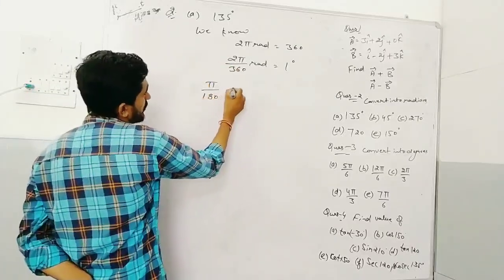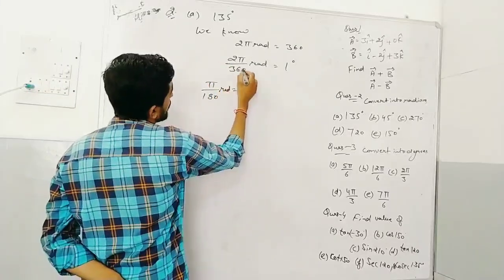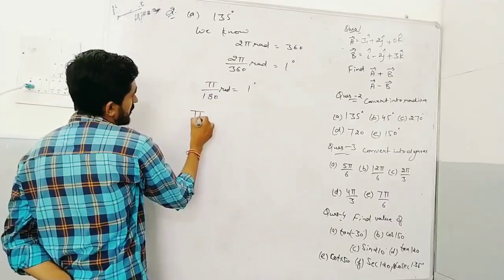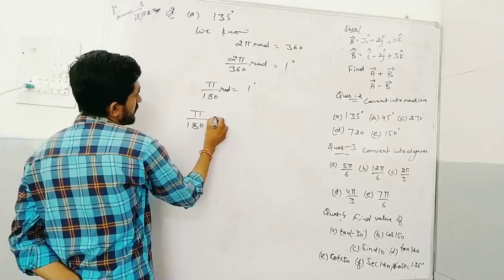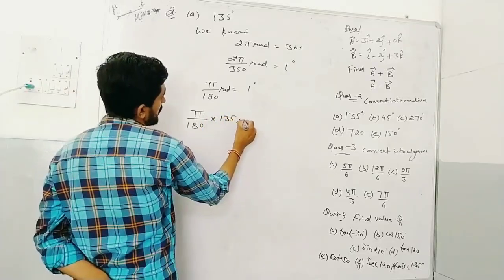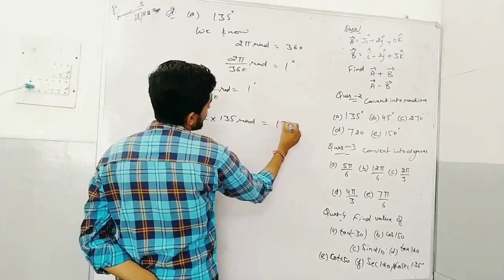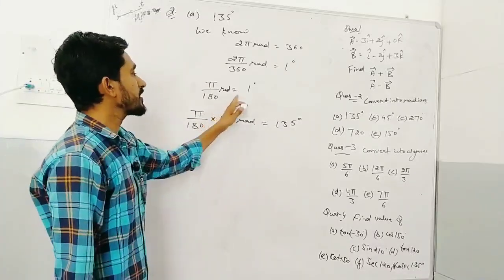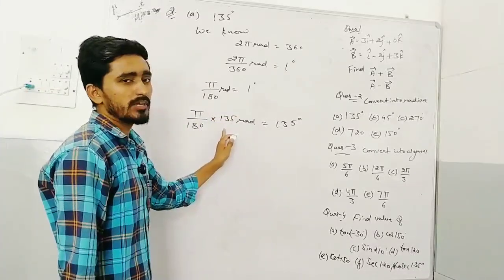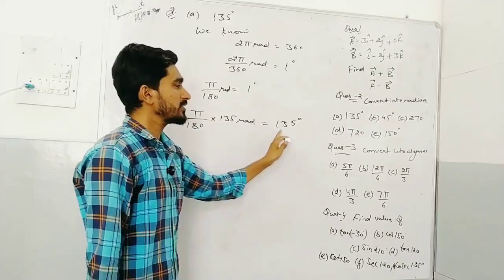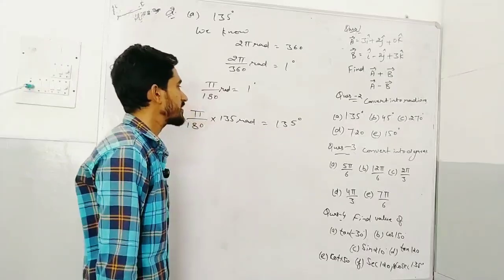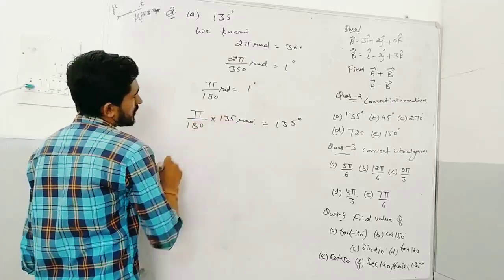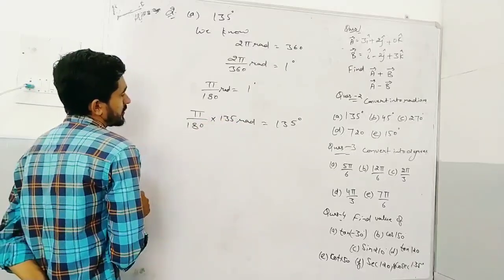Pi upon 180 into 135. Multiply both sides with 135, then the final answer becomes, you can cut it down if you want to.